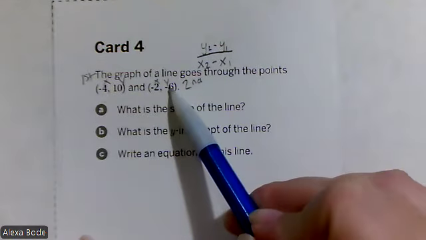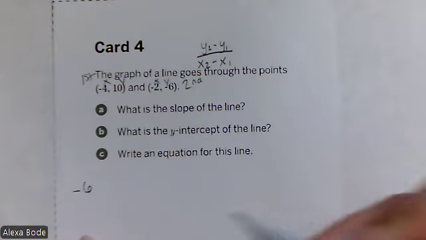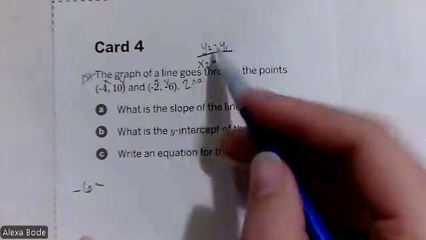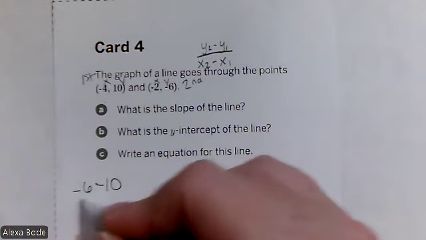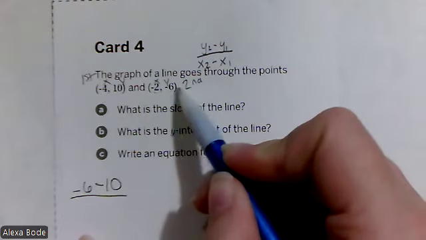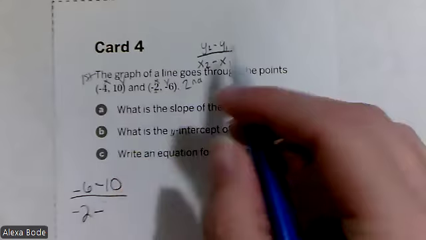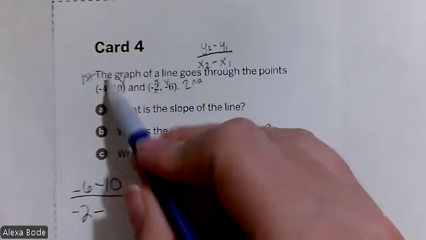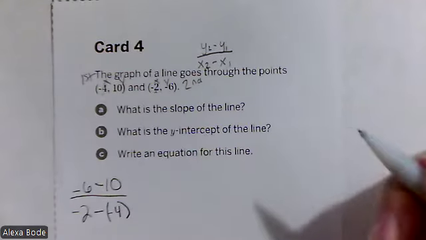So y2, the y value of my second point, is -6, minus my y1, the y value of my first point, is 10, over x2, the x value of my second point, is -2, minus x1, the x value for my first point, minus -4.